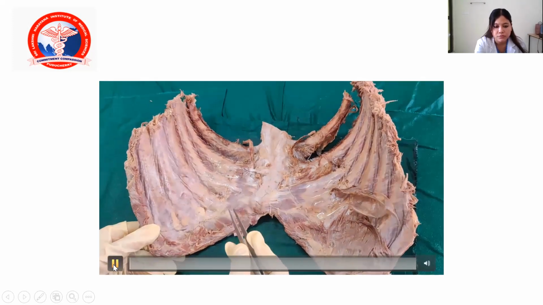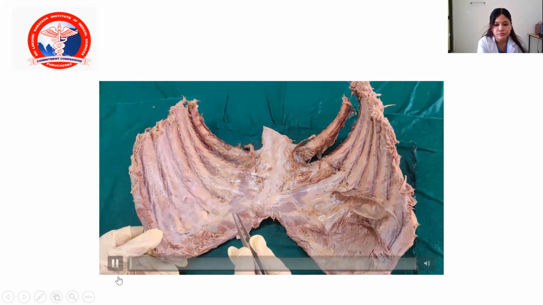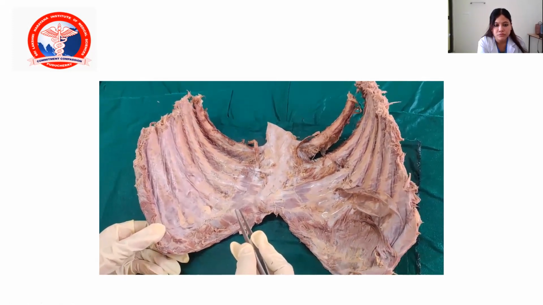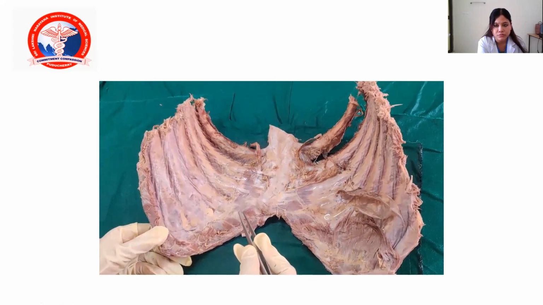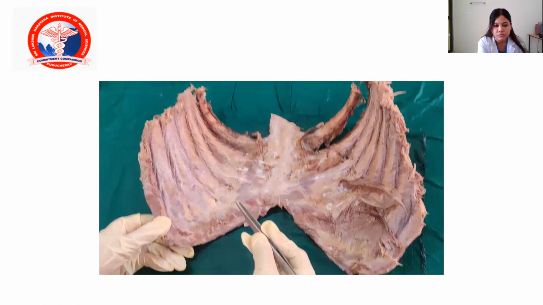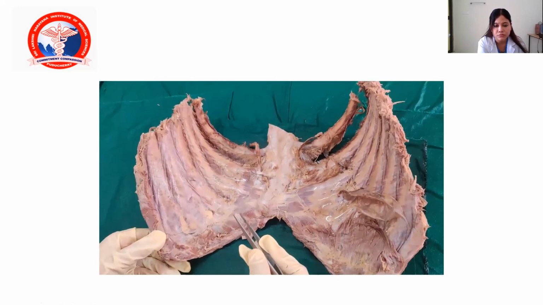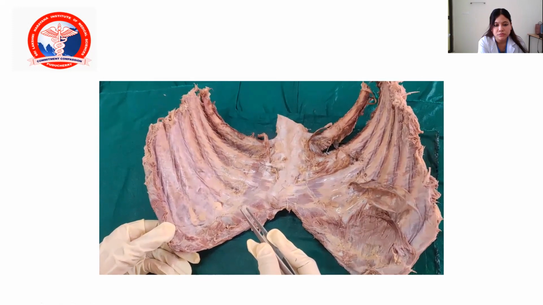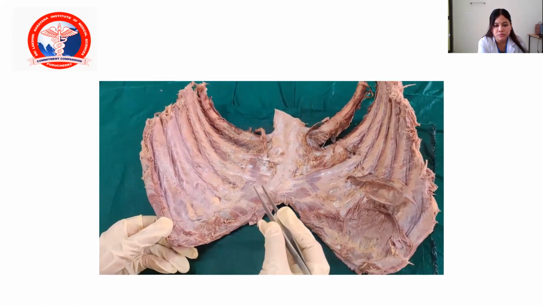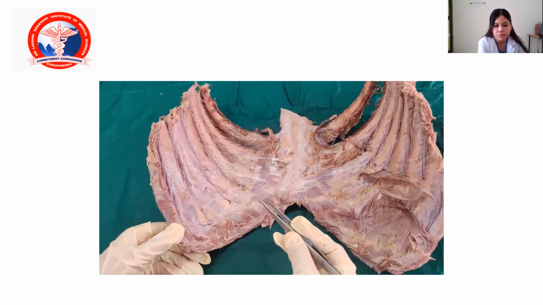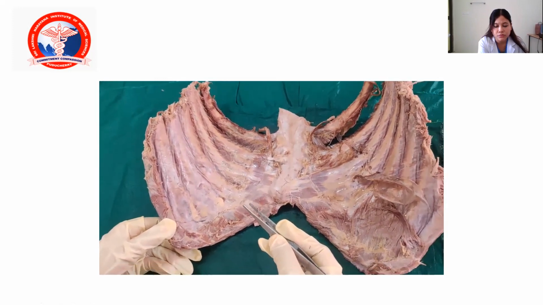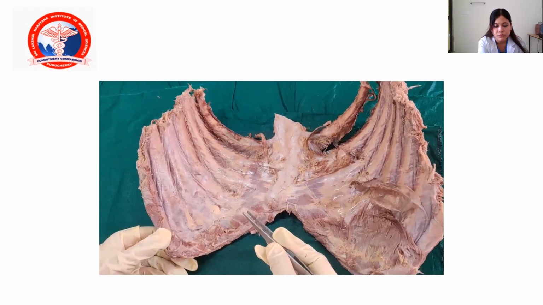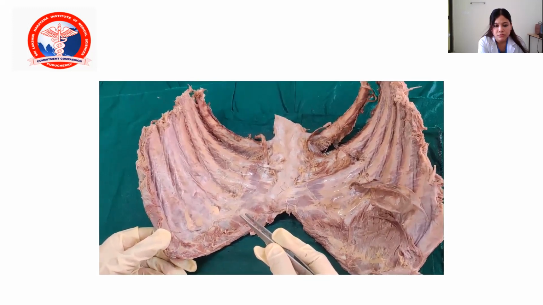So as we have discussed the intercostalis externus, intercostalis internus, and the intercostalis intimus, now this intercostalis intimus we have discussed is part of the transversus thoracic muscle. Other muscles are subcostal and sternocostals.